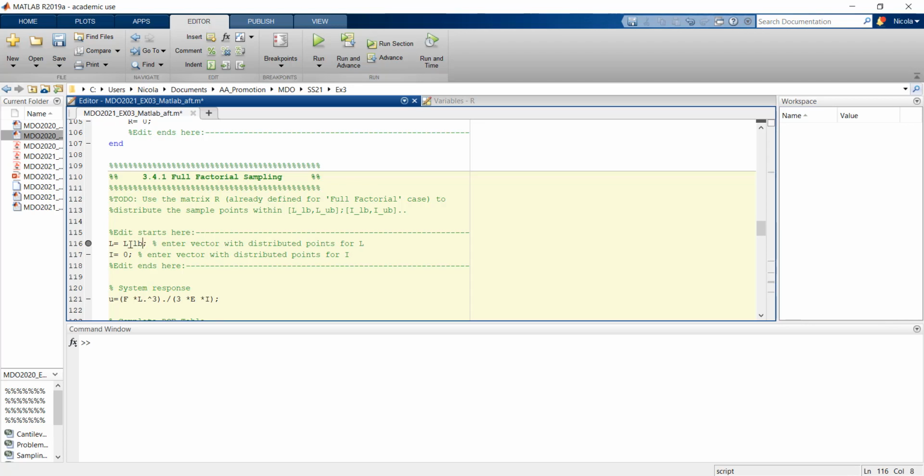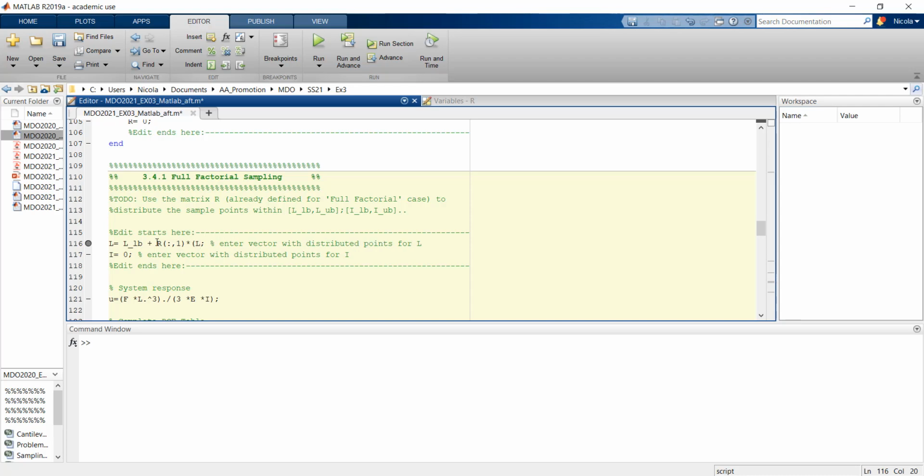So we go from a lower bound plus R. We take the first column of R because that's for our first design variable L.